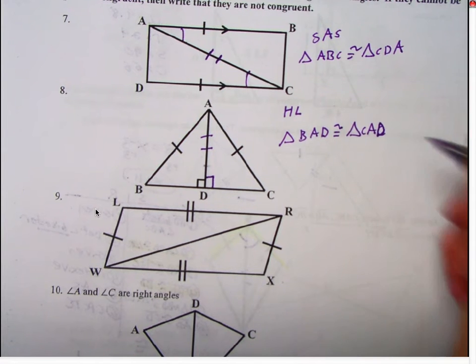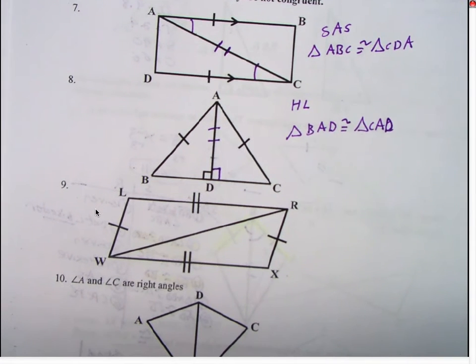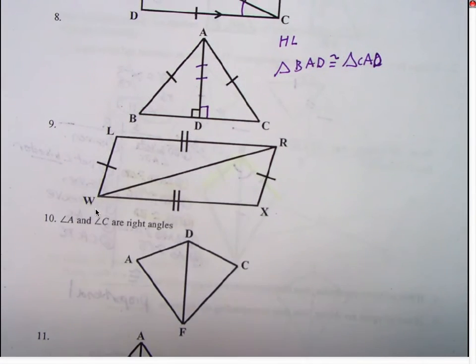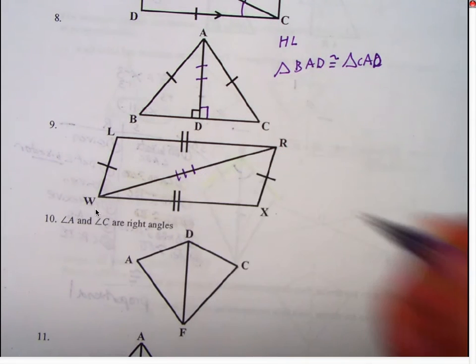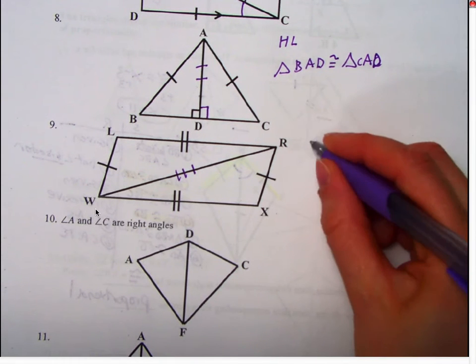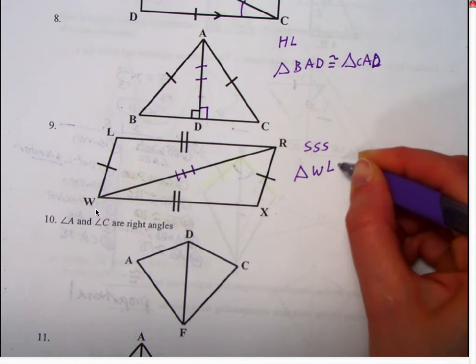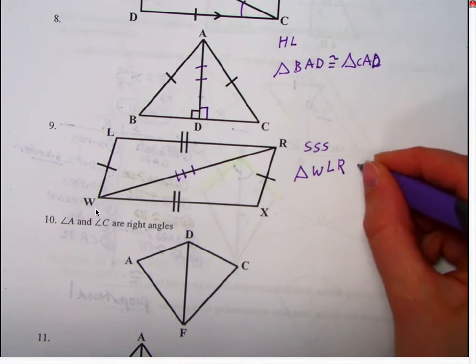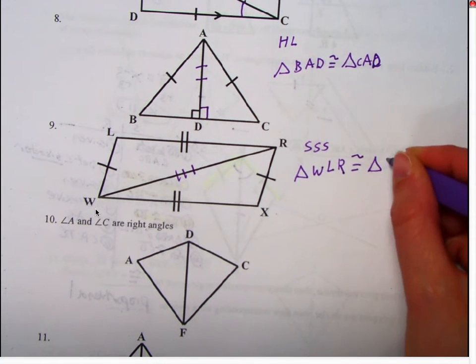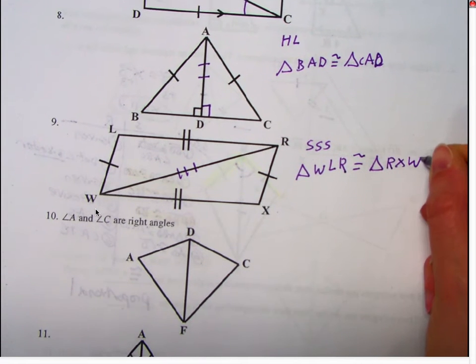Okay, number 9. We know this is congruent to each other by reflexive. So we know it's side, side, side, and that's triangle WLR is congruent to triangle RXW.